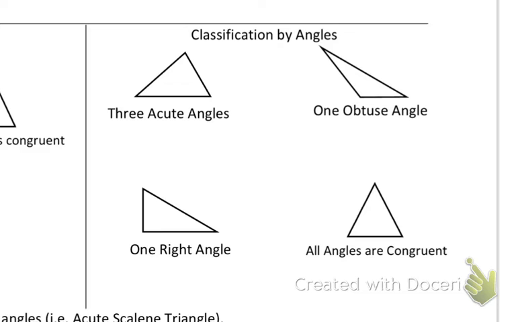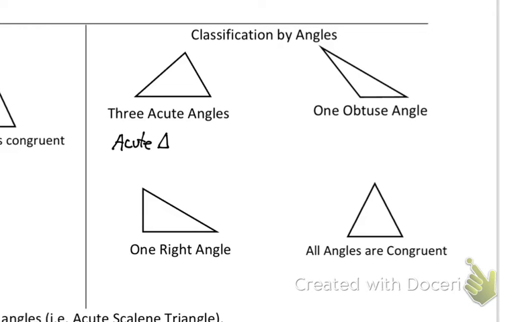Now, we as mathematicians dug deep into the pocket of names to come up with this name. It's going to be awesome. If you have three acute angles, it is called an acute triangle. If you have nothing but acute angles, it's an acute triangle. All three of them are acute.